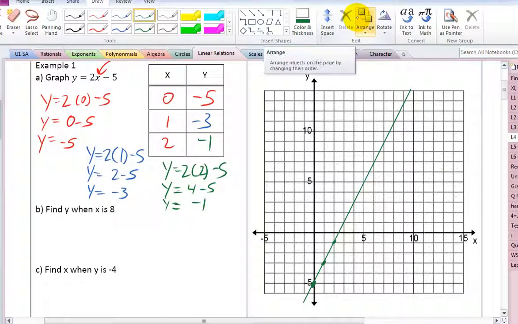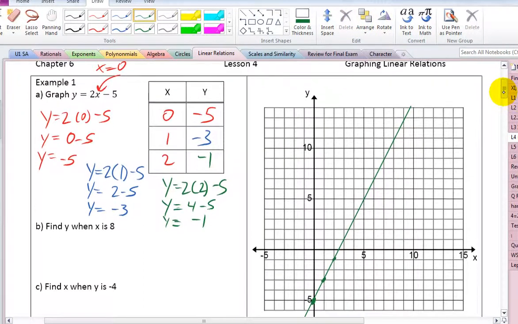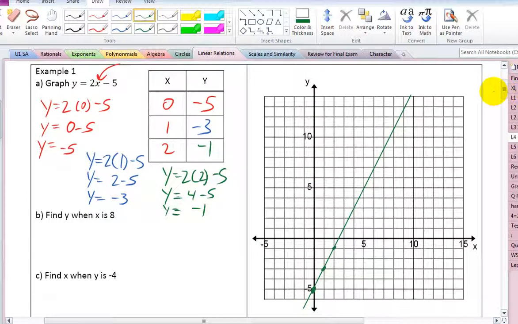Any questions? Good. Now we can also use the equation or the line to find other points. So x is 8. We can interpolate or extrapolate. We have the value of 8 for x, which is right here. We can draw a straight line up to our graphed line.